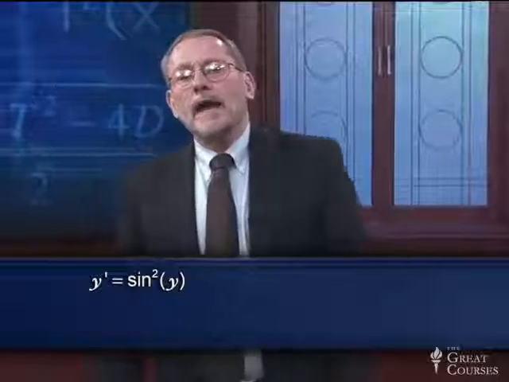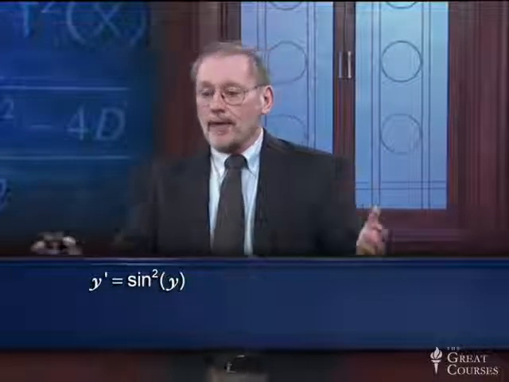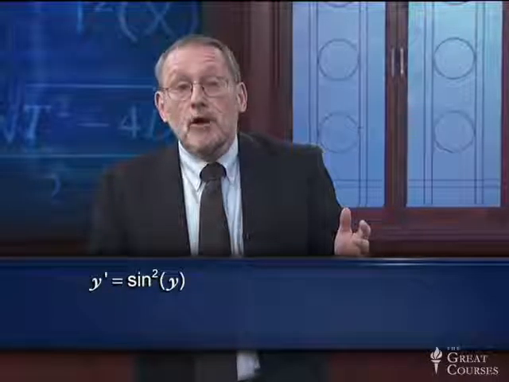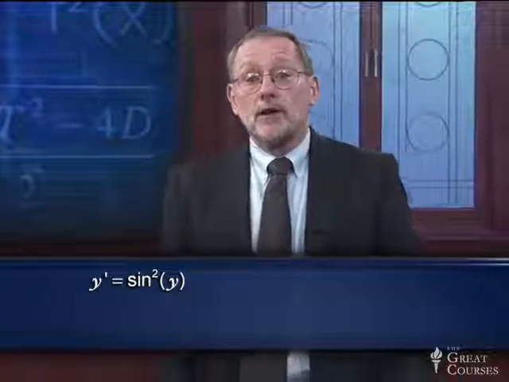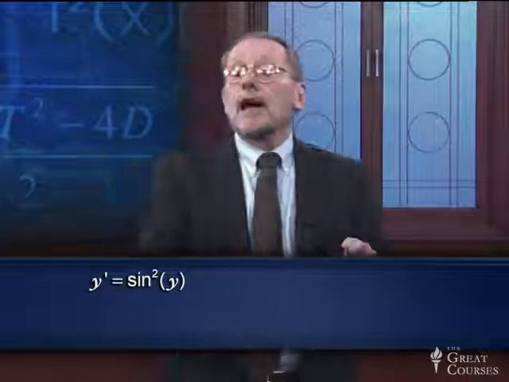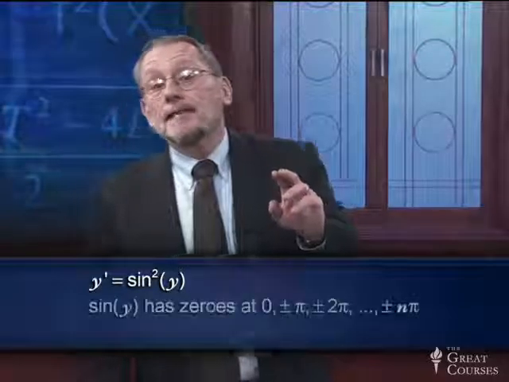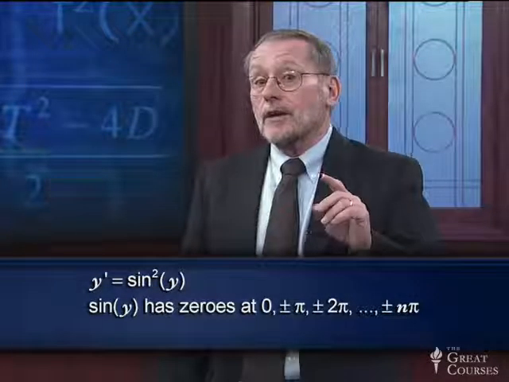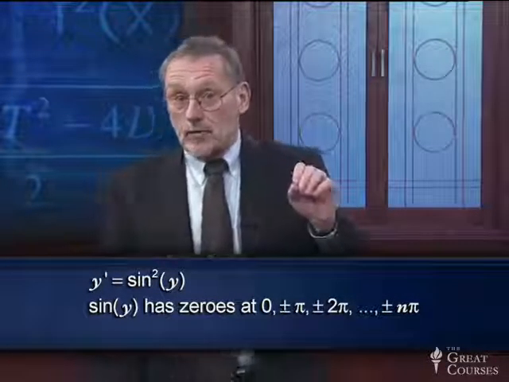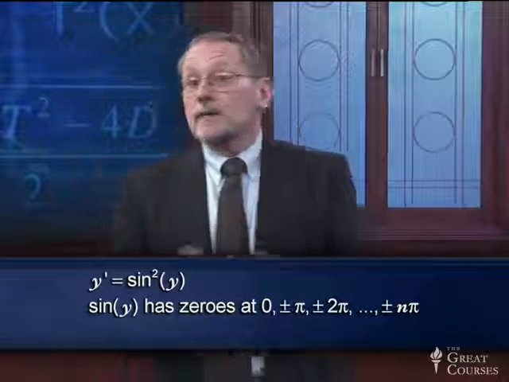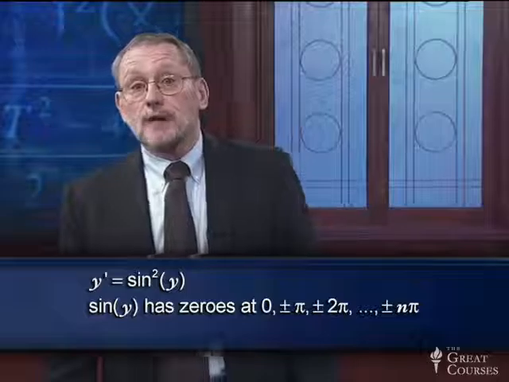How about y prime is sine squared y? Here comes some trigonometric functions. Now, sine is the most basic trigonometric function. You know that the graph of sine y is periodic with period 2 pi, and that sine y has zeros at 0, and plus or minus pi, and plus or minus 2 pi, and plus or minus any integer times pi.